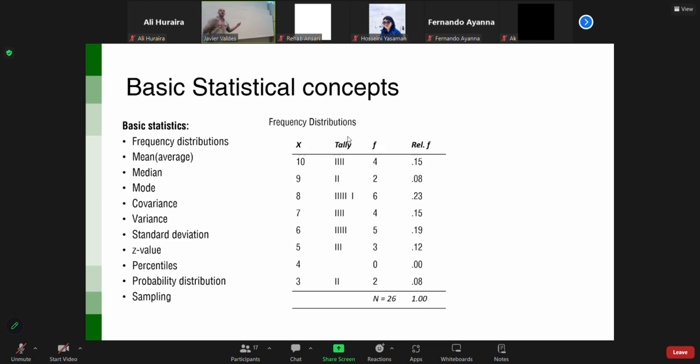Zero doesn't mean that the data doesn't exist. It's not an NA, okay? Zero means just that we don't have that specific number in our sample, but it exists in the population. It exists in that scale that we are working with.